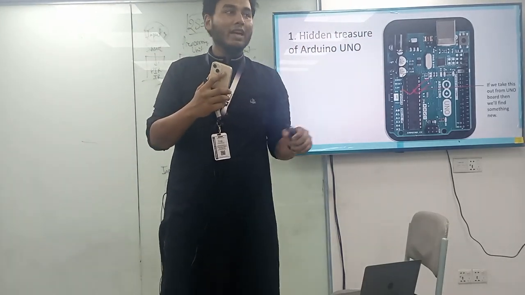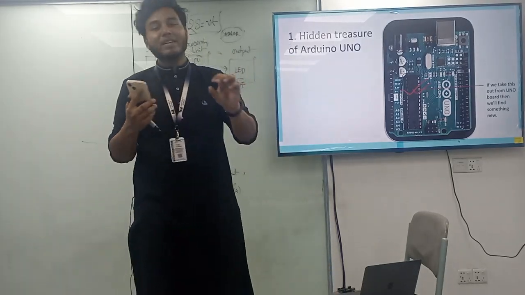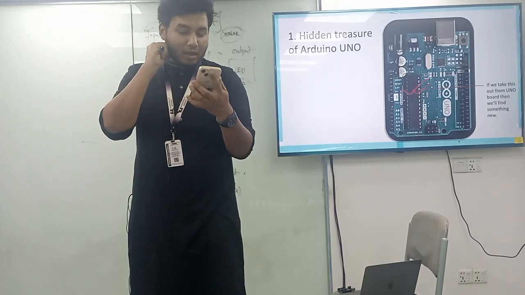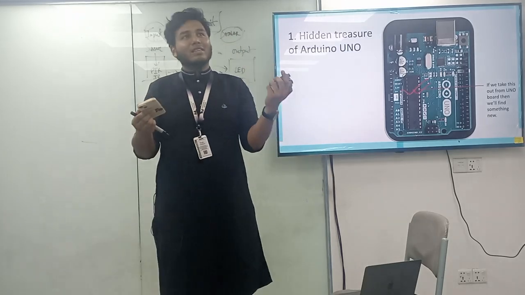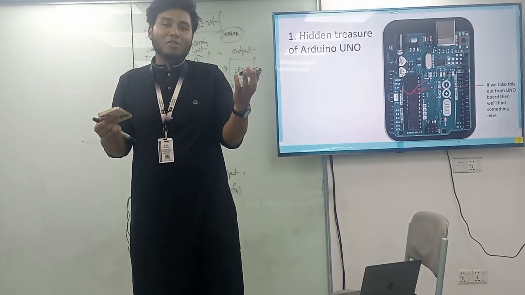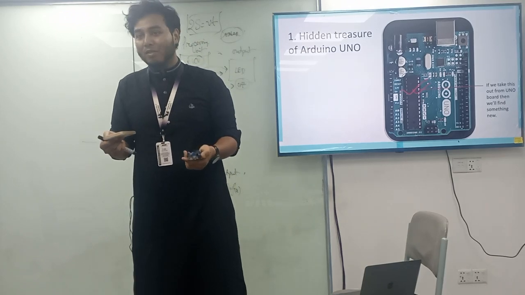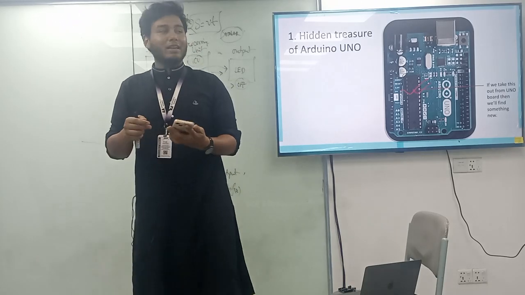The two are almost the same, but there are some basic differences in size, in ROM, and in particular tasks. In cost, a microcontroller is priced around 600 or 700, but a microprocessor, Intel or Ryzen, costs 20,000, 15,000, 25,000. Core i7, Core i5, Ryzen 5, AMD Ryzen basically.